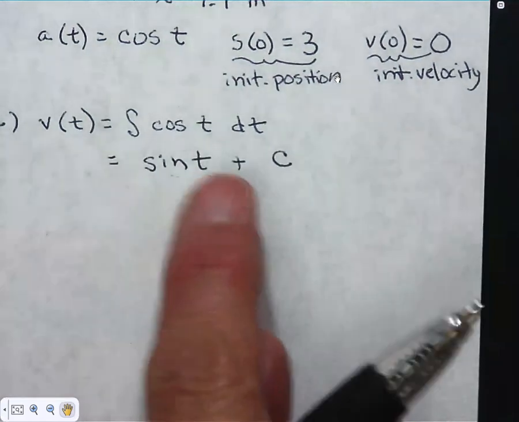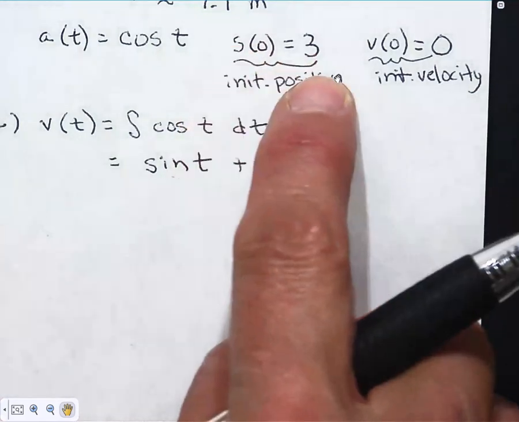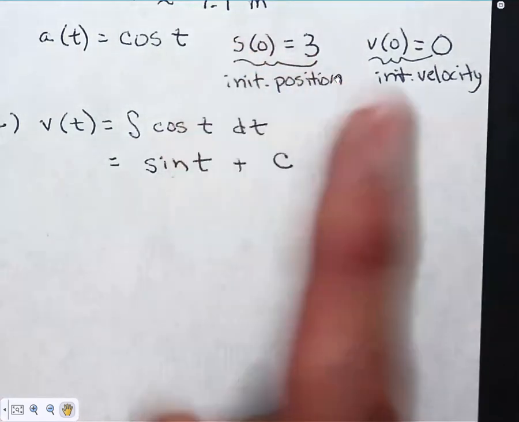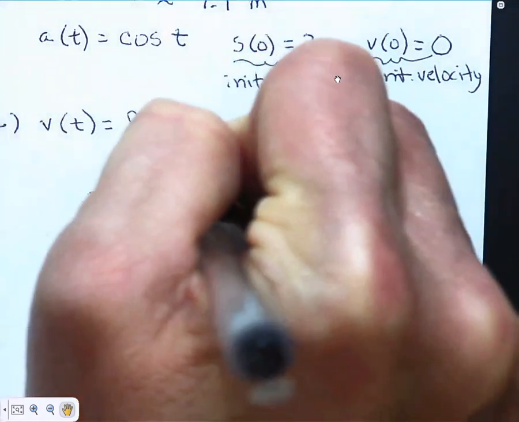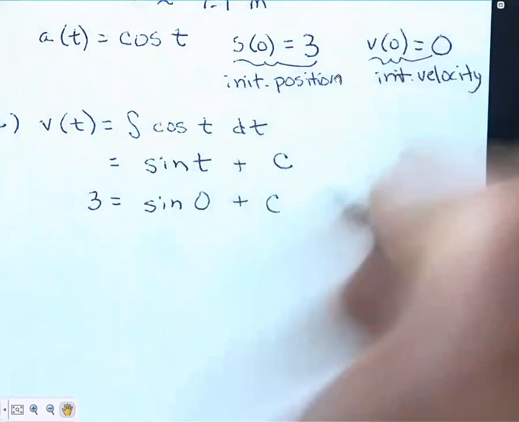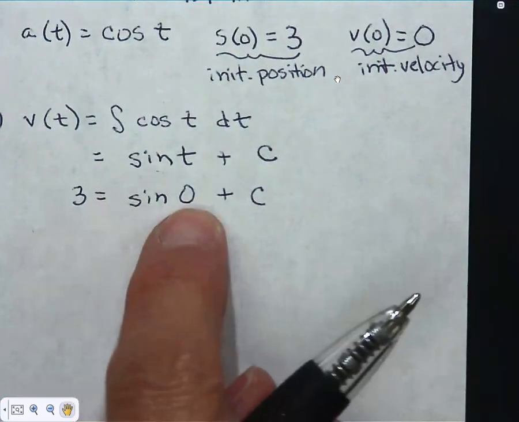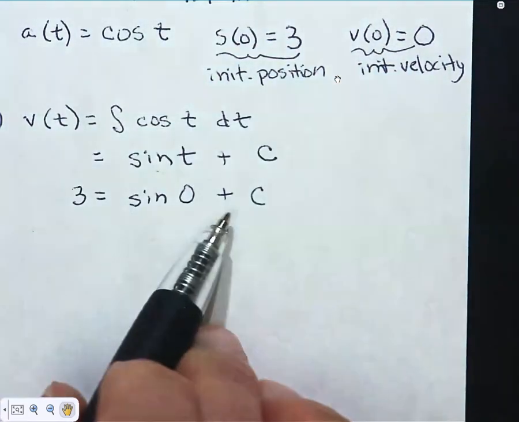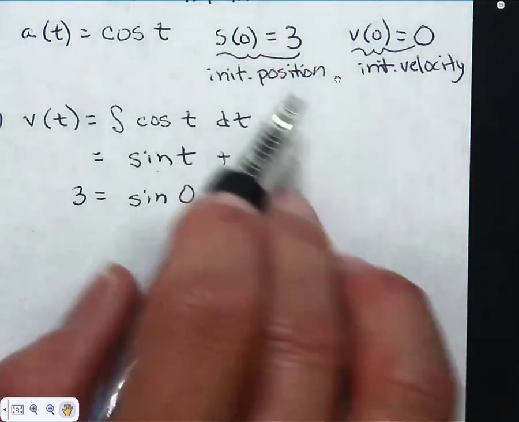And yeah, if I know that s of 0 is 3, that means if I put 0 in place of t, I get that constant is 3, sine of 0 is 0, and... oh, I put the initial position in the velocity function.